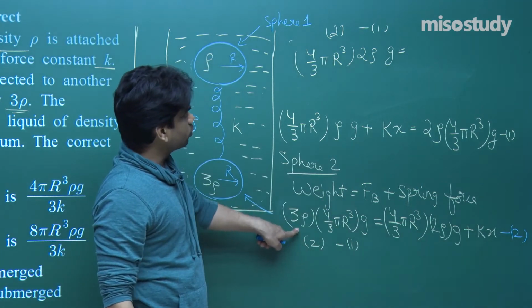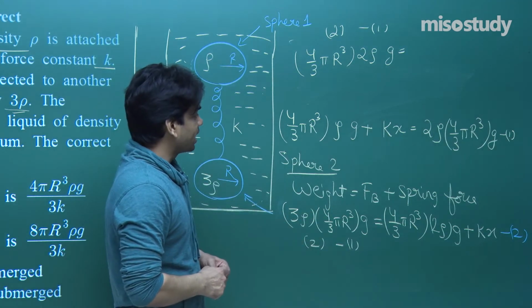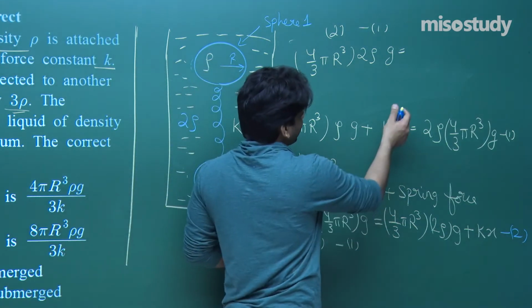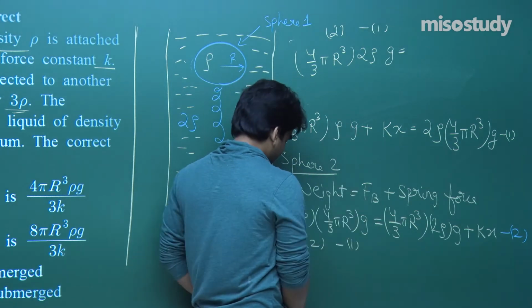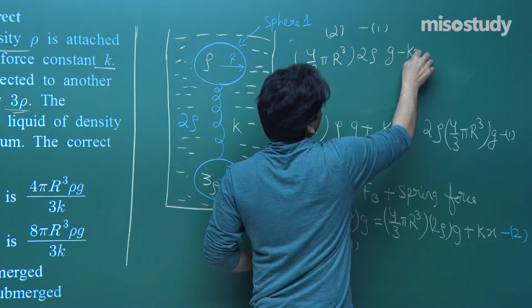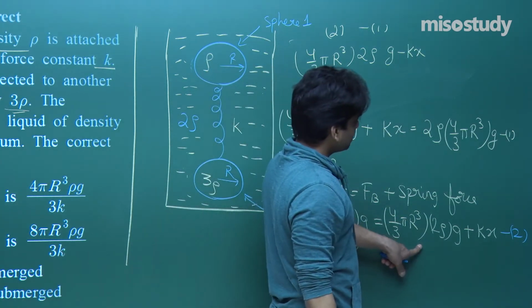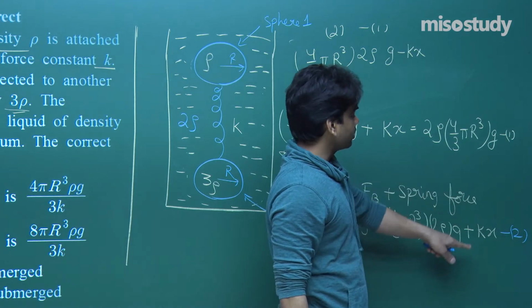Rho, and here you are having 3 rho minus rho, you are getting 2 rho, rest all terms are constant and common, so we can take that. Then again you will be getting this term, so minus kx, because we have to subtract this, is equal to this term minus this term will be cancelling out, is equal to kx.